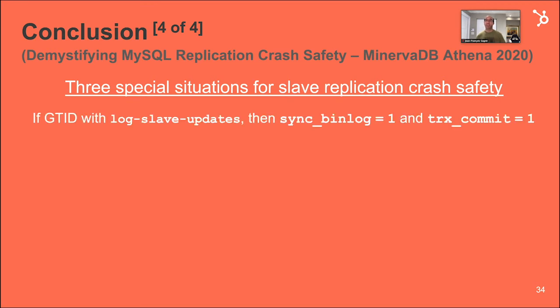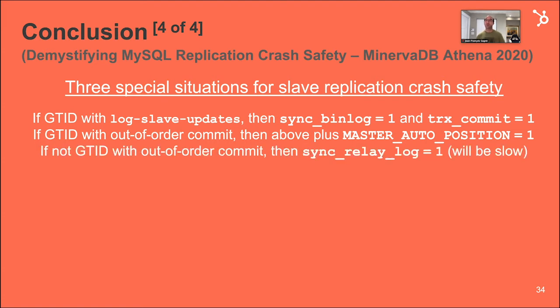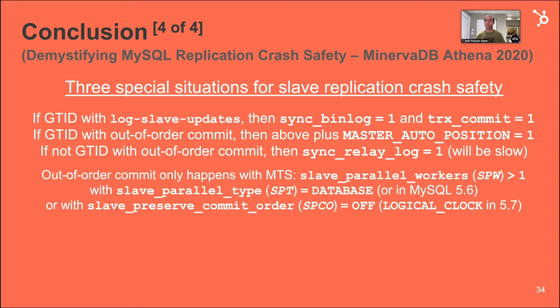If you're using GTID with log_slave_updates, then you need sync_binlog equal 1 and trx_commit equal 1. If you're using GTID with out-of-order commit with parallel replication, in addition to sync_binlog equal 1 and trx_commit equal 1, you need master_auto_position equal 1. And if you're running out-of-order commit without GTID, then you need sync_relay_log equal 1, and it will be slow.